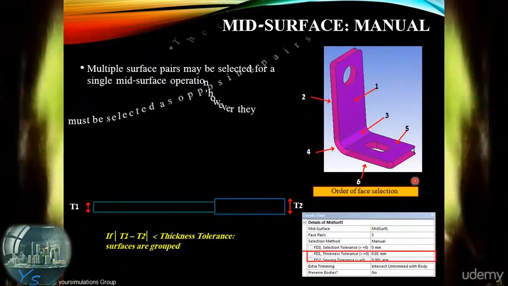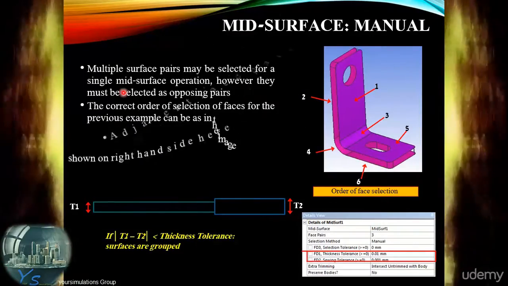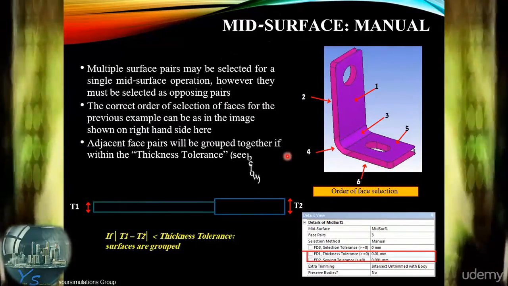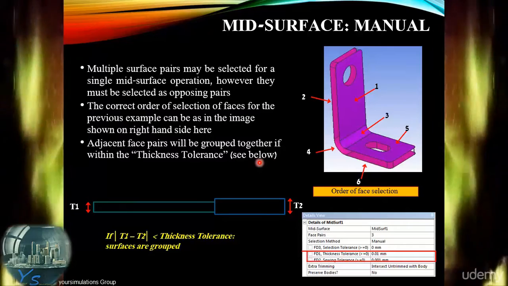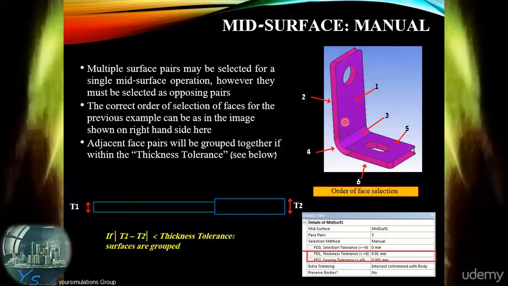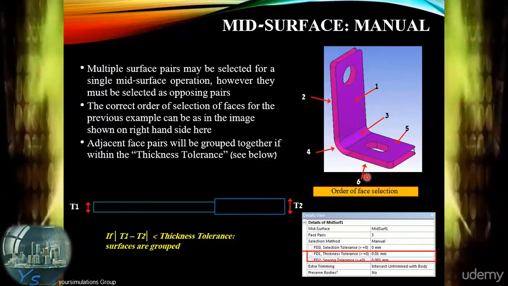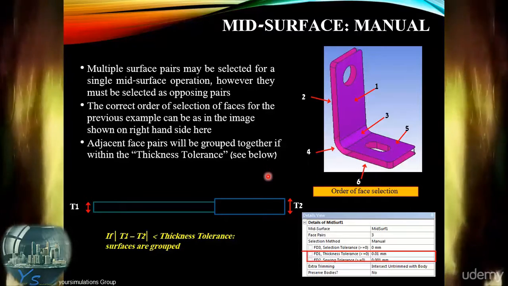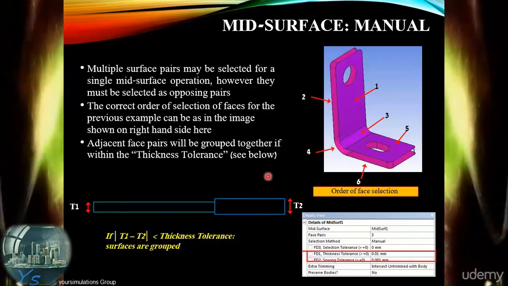It's possible that we can select multiple face pairs for a single operation, but they must be selected as opposing pairs. So we can see on the right hand side here the order of selection that's needed in order to correctly define the mid-surfacing.